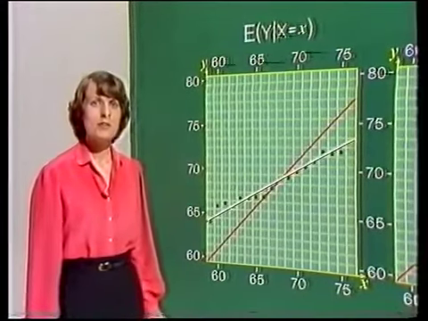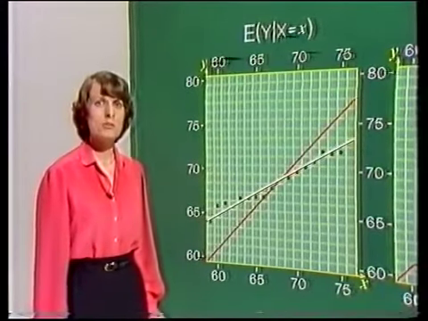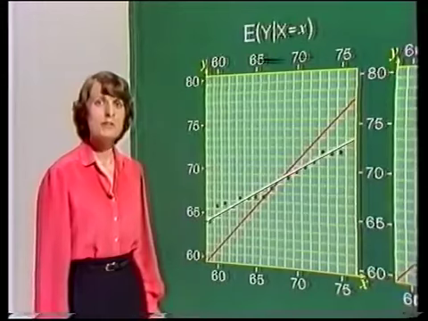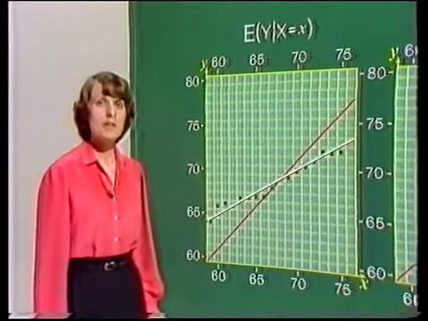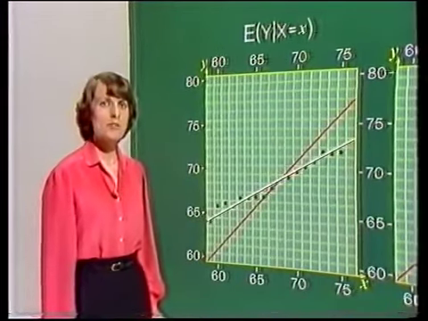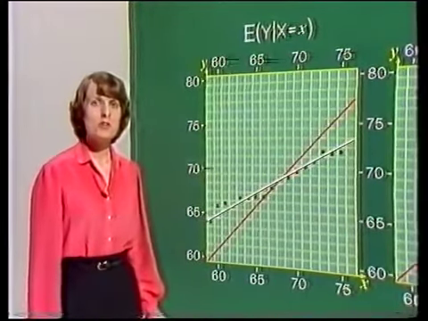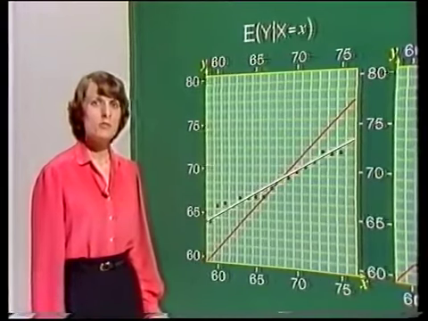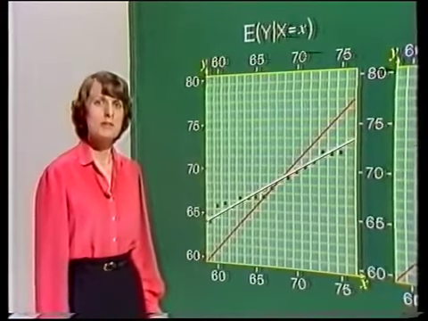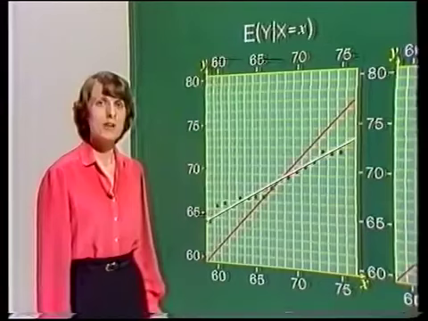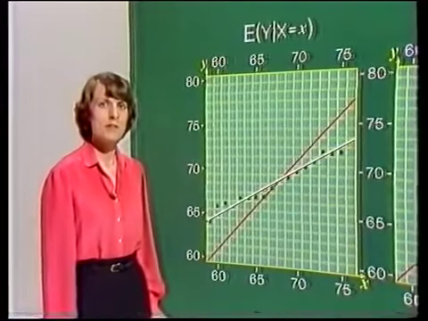We noticed earlier that a tall father tends to have a tall son, and that a short father tends to have a short son. This is, of course, shown by the fact that the regression line has a positive slope. But another interesting point to notice is that although tall fathers do have tall sons, the height of the son is on average smaller than the height of his father.